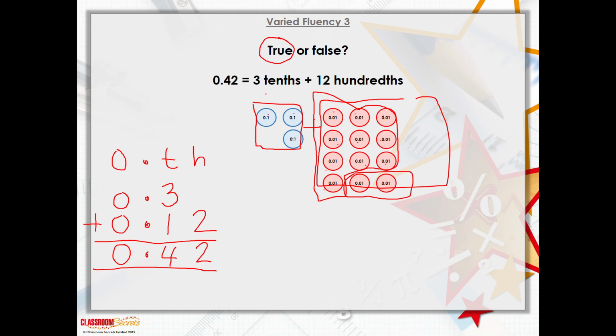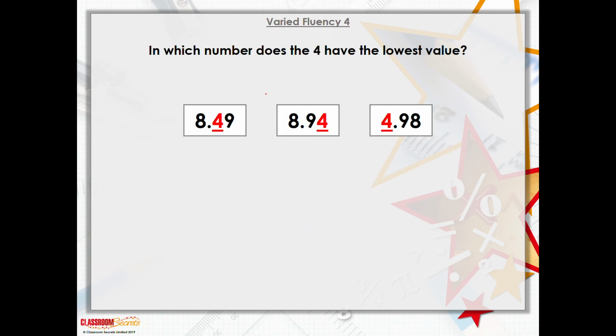Right, let's have a look at our next task. In which number does the 4 have the lowest value? So we can actually use our place value letters. I've got ones, tenths, and hundredths. Okay, ones, tenths, and hundredths.